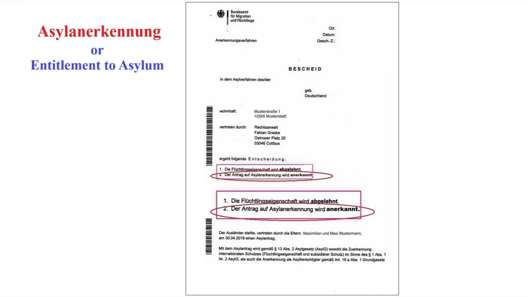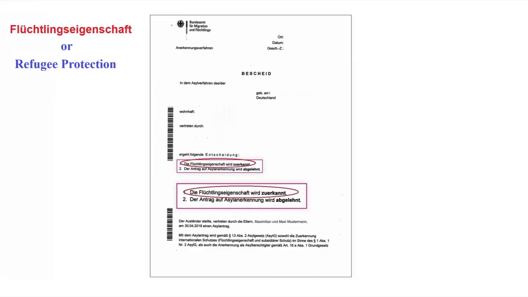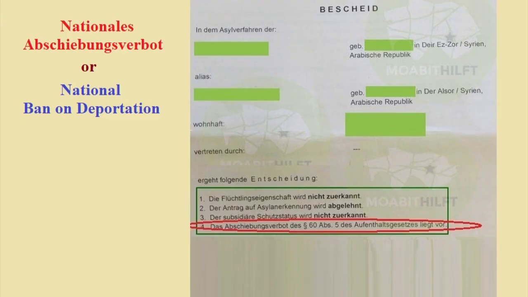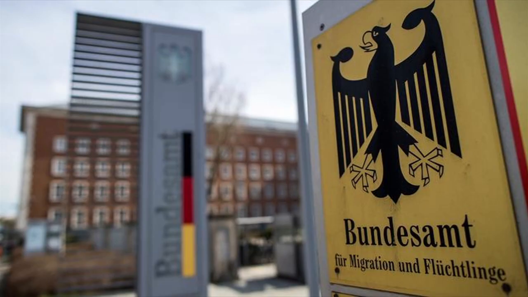When asylum seekers are entitled to asylum protection, refugee protection, subsidiary protection, or a national ban on deportation in Germany, after some time the reasons based on which they got their protection are assessed by the Federal Office for Migration and Refugees of Germany to see if these reasons are still valid and the holder of one of these types of protection still has these reasons.